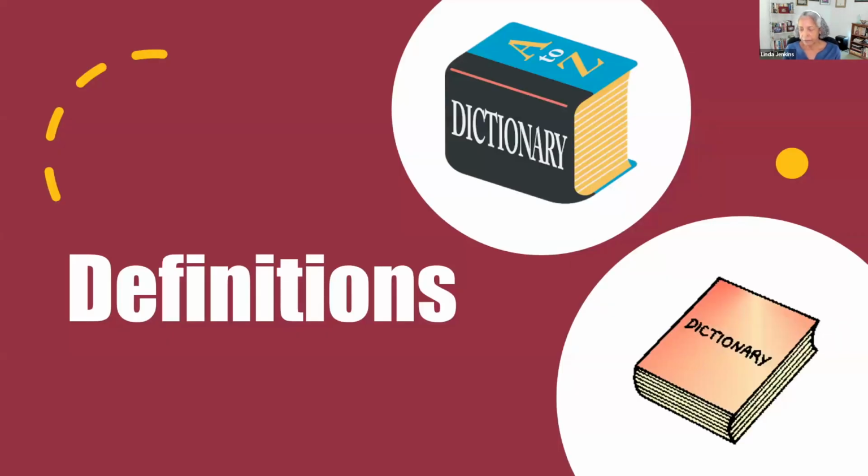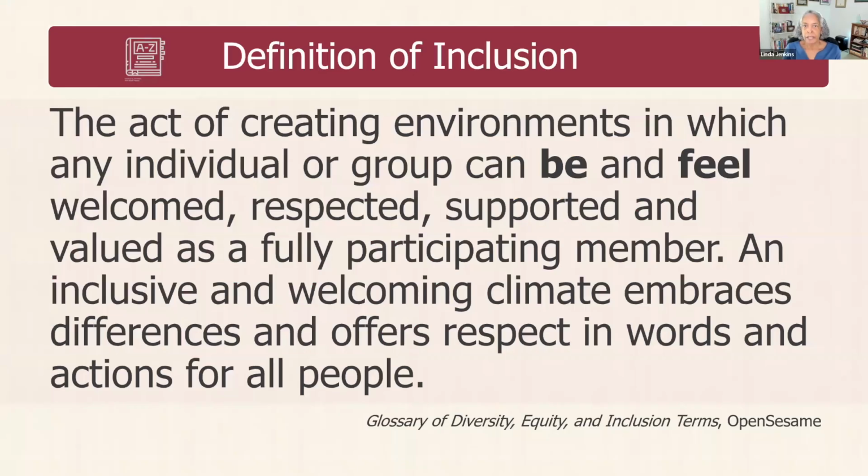I'm going to start by giving you the definitions of inclusion, understanding that this definition has 2 parts in it: the whole idea of actions that we can take and feelings that result from the actions that we take.